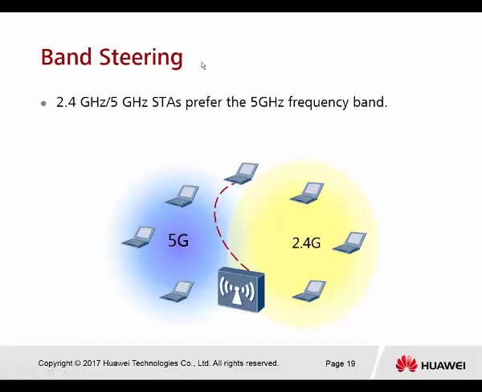The function of band steering is to force all the STAs that can support 5 GHz to connect to the 5 GHz frequency band, to save bandwidth on the 2.4. When the 2.4 is too heavy, with too many users already connected to it, PCs that can use 5 GHz will be load balanced to the 5 GHz.